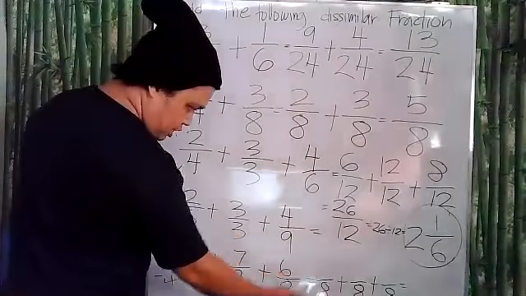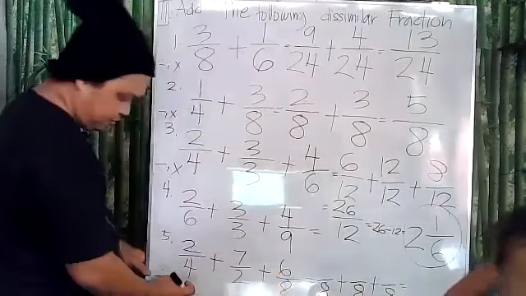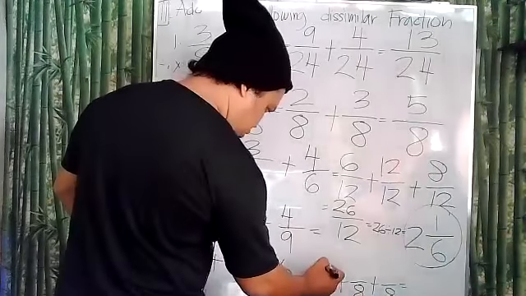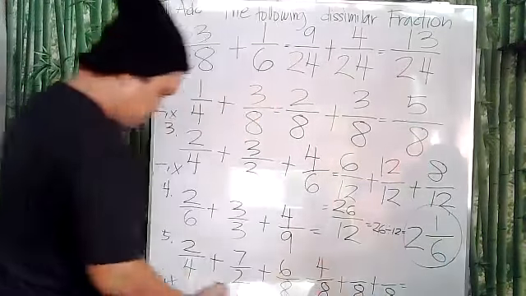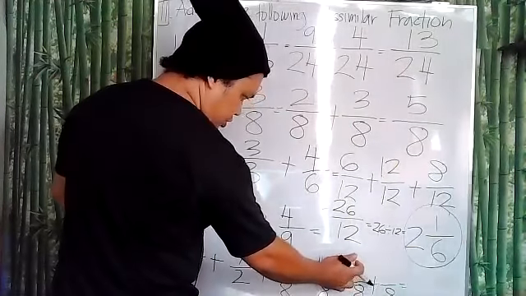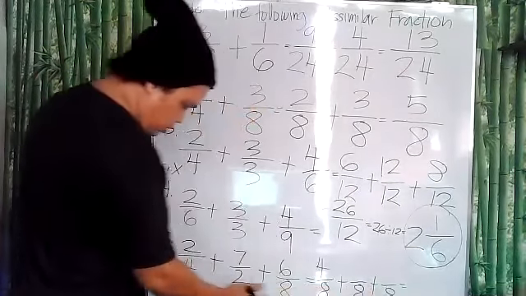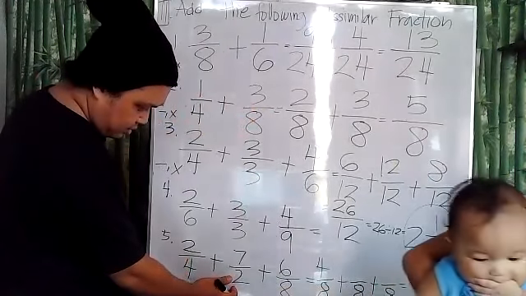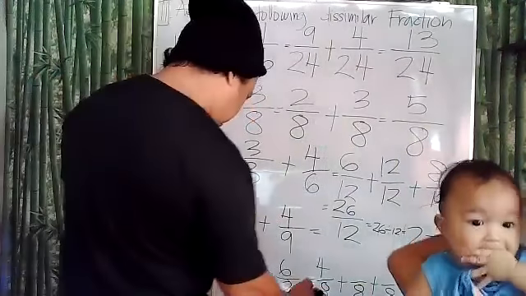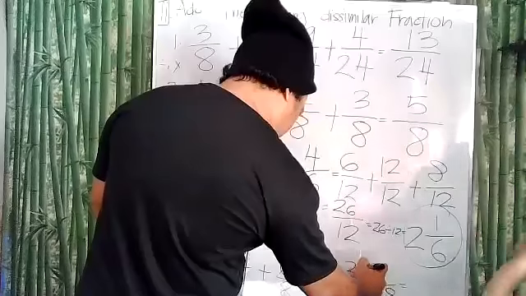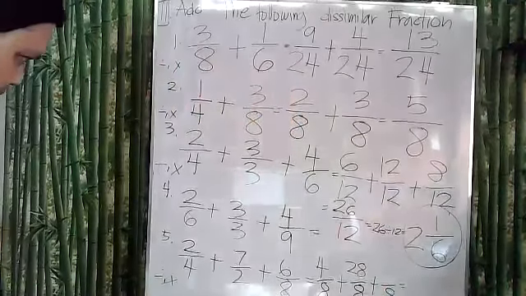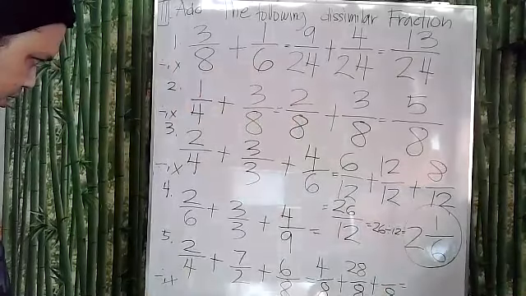Okay, so let's do that. To get the numerator here, let's divide. 8 divided by 4 is 2, and 2 times 2 is 4. So we have 4 here. Next, to get the numerator here, we divide 8 divided by 2 is 4, and 4 times 7 is 28.